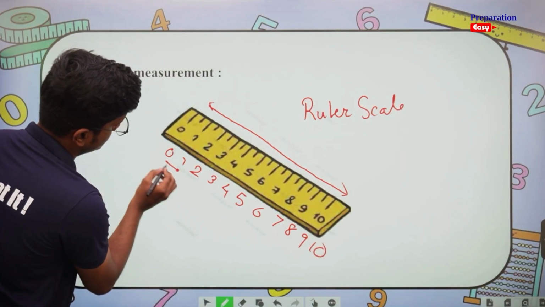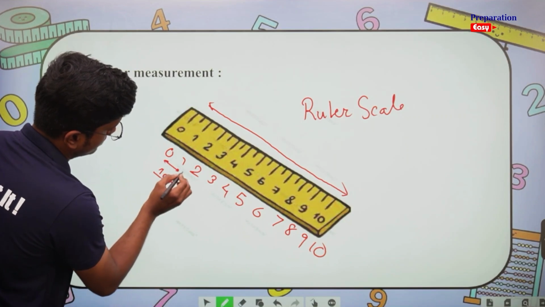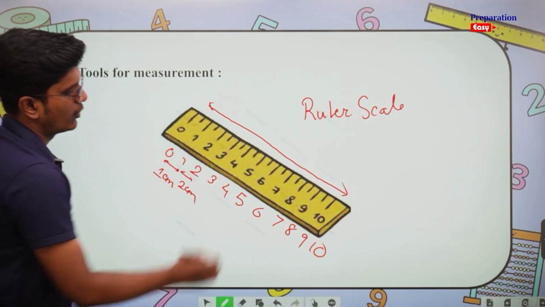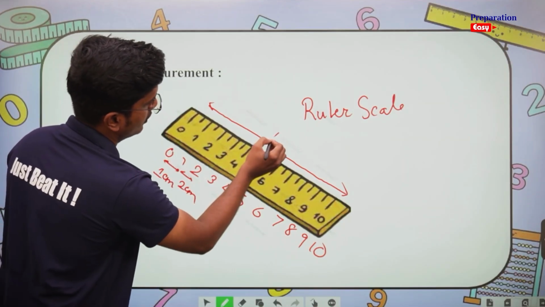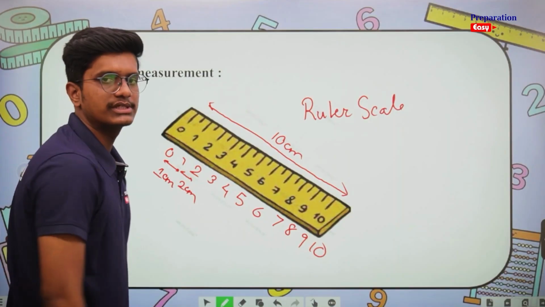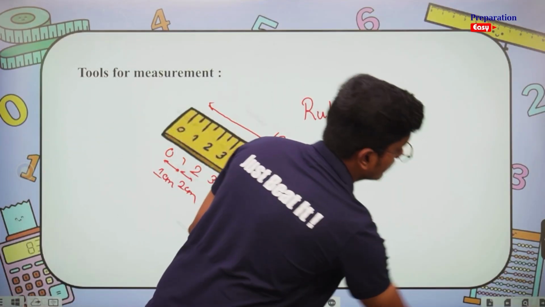So this is 1 centimeter, this is 2 centimeter, and the whole length of the ruler scale is 10 centimeter. With this ruler scale, we are going to calculate the length of any object.